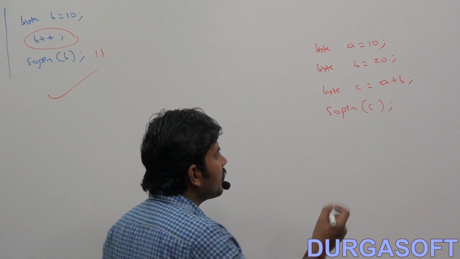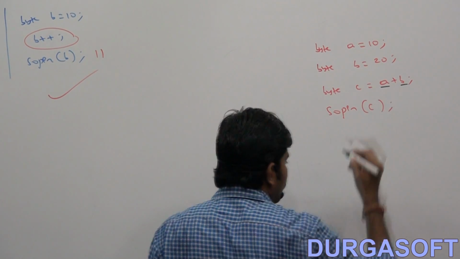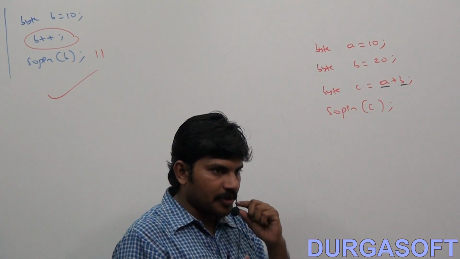Here, A is what type? Byte type. B is what type? Byte type. And what is the plus? Plus is an arithmetic operator.